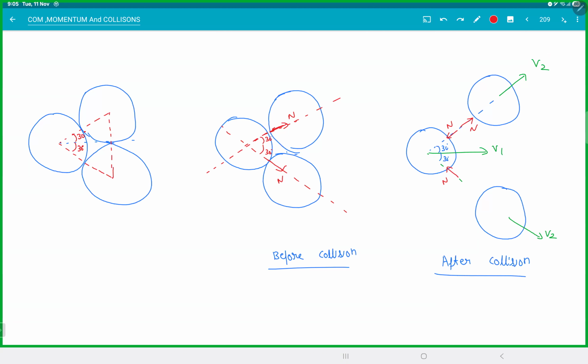What do we do in collisions? We conserve momentum and we use the coefficient of restitution. So let's do that. Okay, let's see.